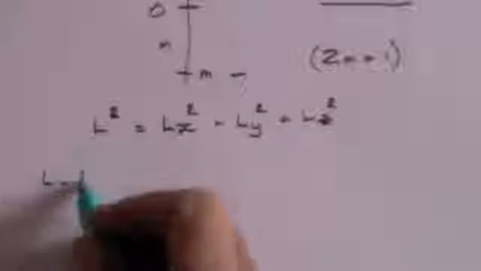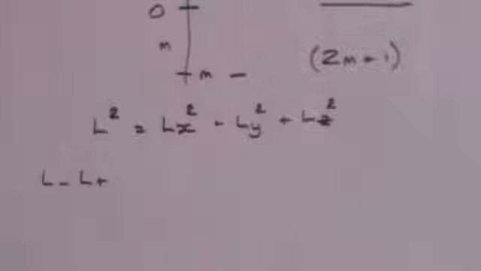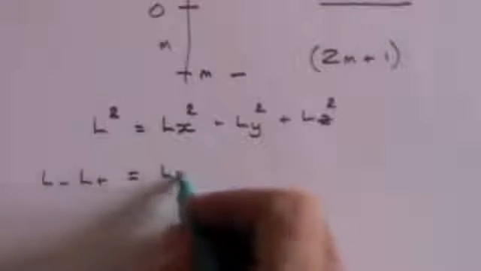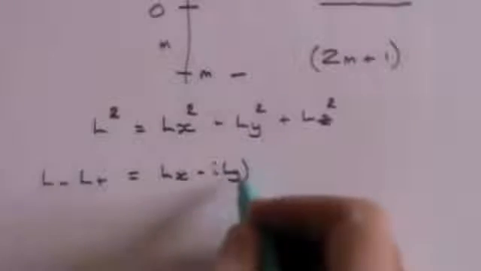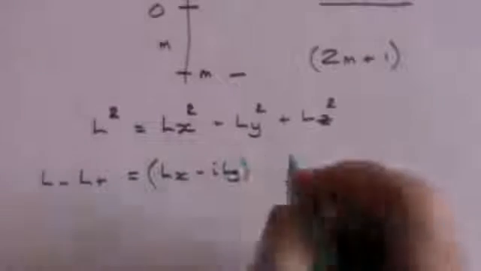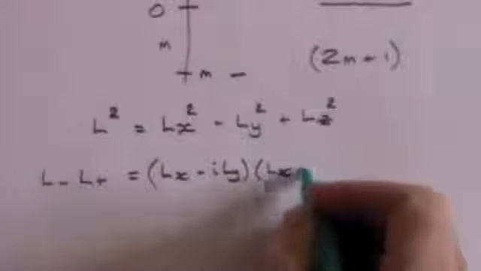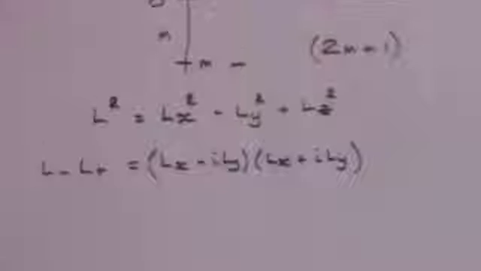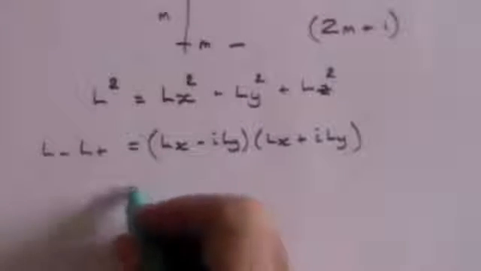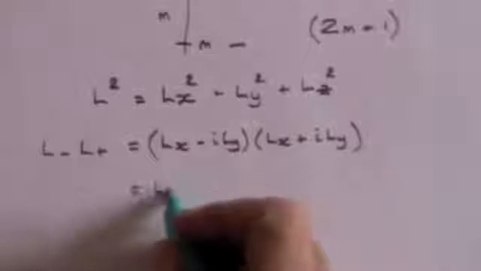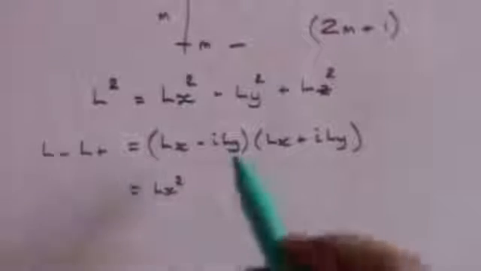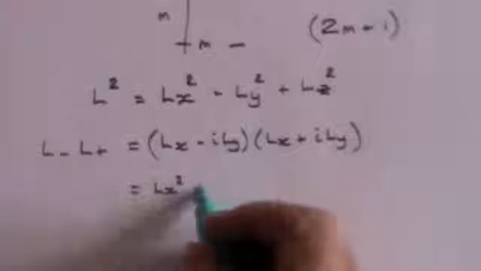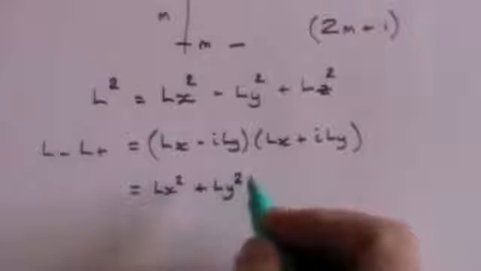I want to find out what is the product L minus L plus. Well, that by definition is going to be Lx minus ILy, which is L minus, times L plus plus ILy, which is L plus. And if you multiply those out, you will get that Lx times Lx is Lx squared. Minus ILy times plus ILy comes to plus Ly squared.